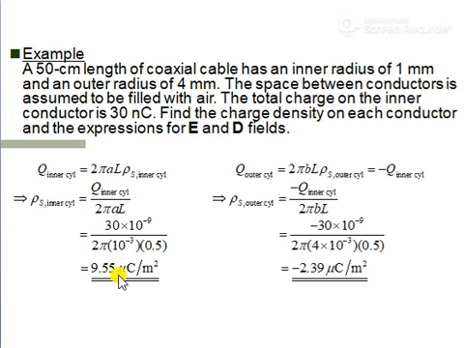Now we get 9.55 microcoulomb per meter square charge density on the inner cylinder. For the outer cylinder, 2 pi b L rho s of the outer cylinder is nothing but minus Q inner. So therefore rho s of the outer cylinder is minus Q of the inner cylinder over 2 pi b L, this is minus 30 nano over 2 pi into 4 mm into 0.5, so minus 2.39 microcoulomb per meter square. So these are the charge densities on each conductor.